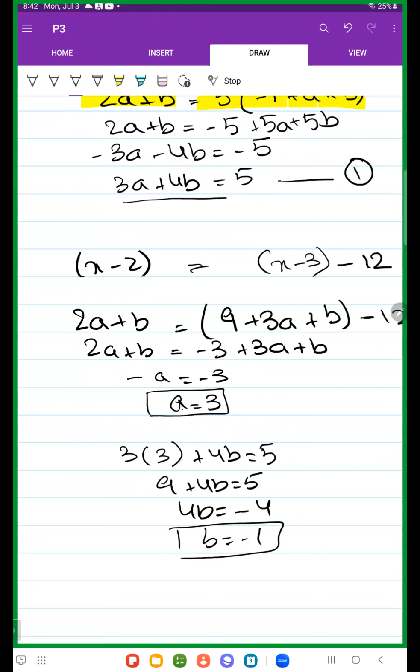Do you understand the question? Yeah. But after this class, I want you to not look at the working and do this question again. I've sent you the questions, yes? I'll tell you which questions to do.